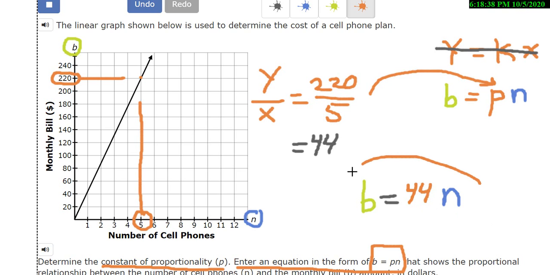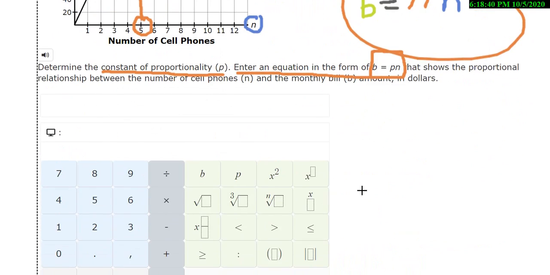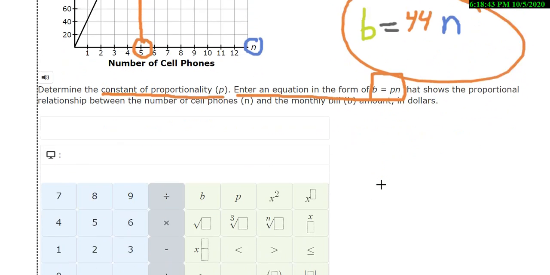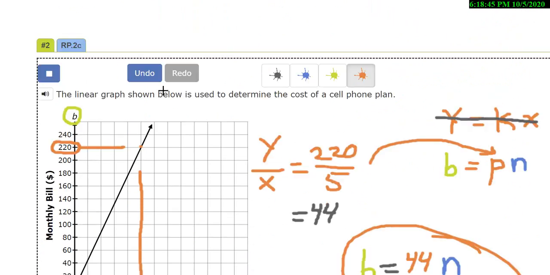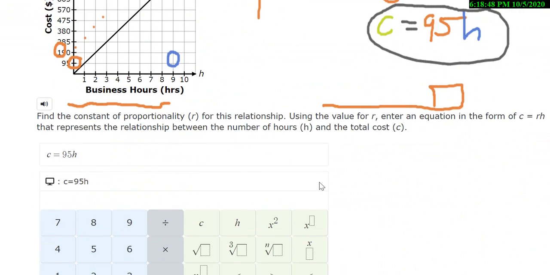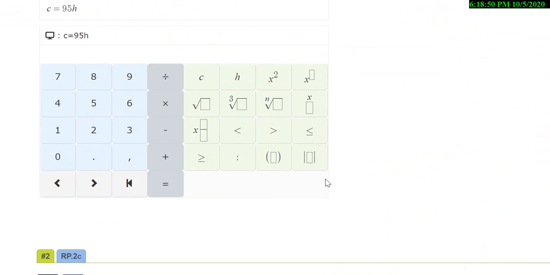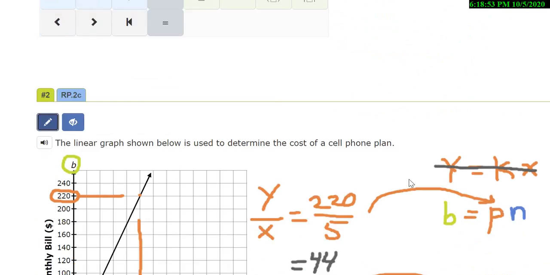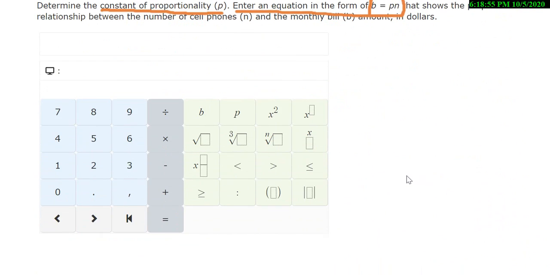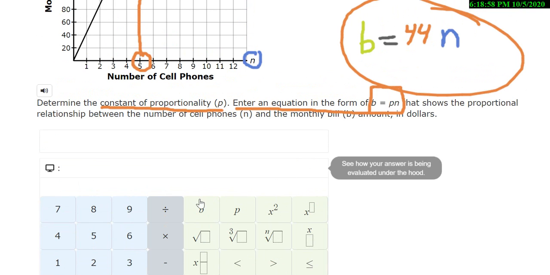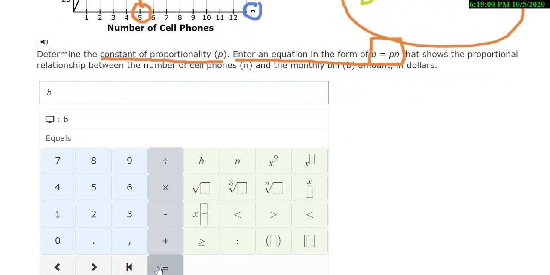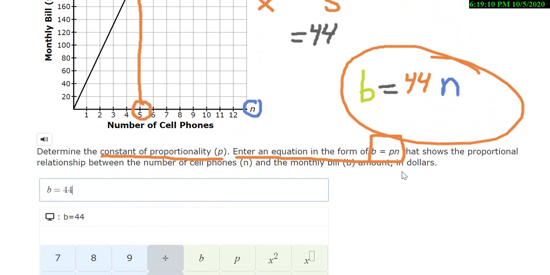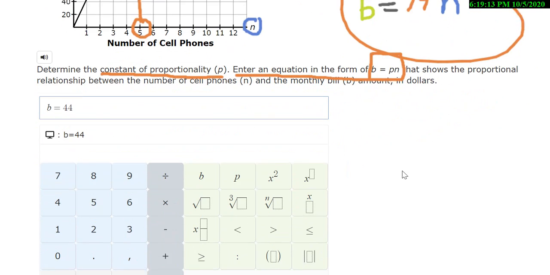That is my answer. So I take it down below to enter it in: B equals 44n. I have to get out of this writing mode. Here we go. B equals 44. And why is there no n here?